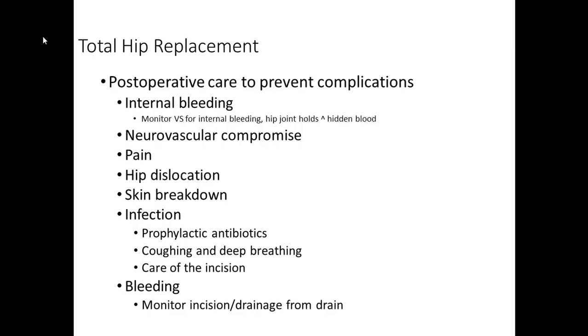If they are unable to keep their legs apart, we can use an abductor pillow. It's just like a triangle wedge that goes in between their legs to make sure that their legs never ever cross. You can also use a pillow too, it doesn't matter. We want to make sure that they never bend more than 90 degrees. So if they're sitting on a chair, we don't want them bending over and picking their purse up off the ground. We want to make sure that they stay at 90 degrees, so basically sitting up.